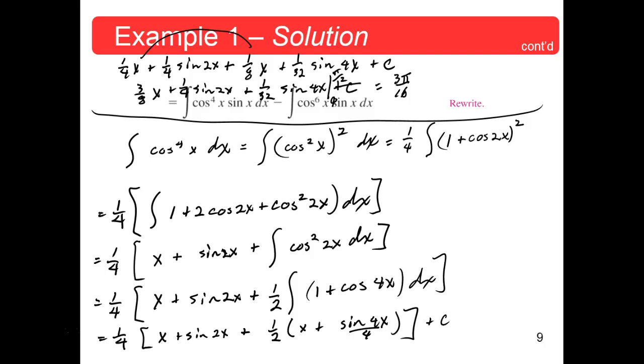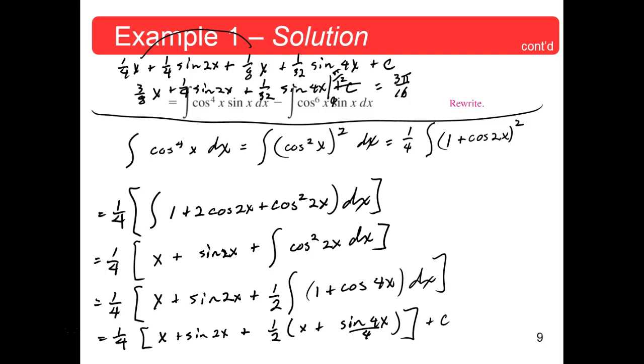Now, evaluating this from 0 to pi halves for some reason, okay? The 3/8 times that is 3/16 pi. You put pi halves in for x. 2 times pi halves is easy. Pi. And sine of pi is 0. Okay, so that's 0.